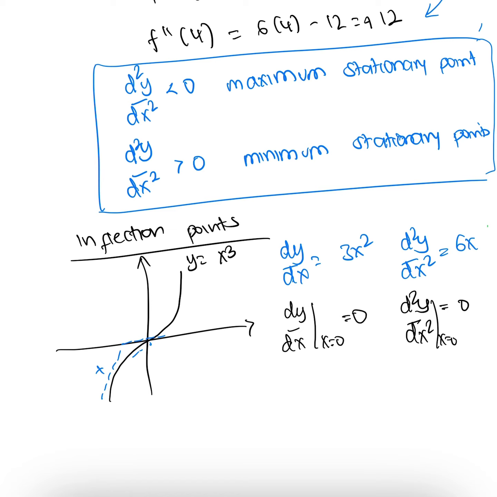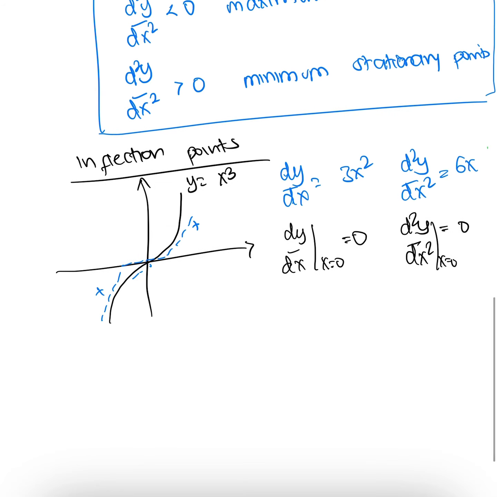So it is actually flat at the origin, and then it picks up again. It's positive again. So it's not going from positive to negative or negative to positive. It's going positive to positive or negative to negative. But it is 0 midway. And this is what an inflection point is. The tangent is crossing the curve itself.